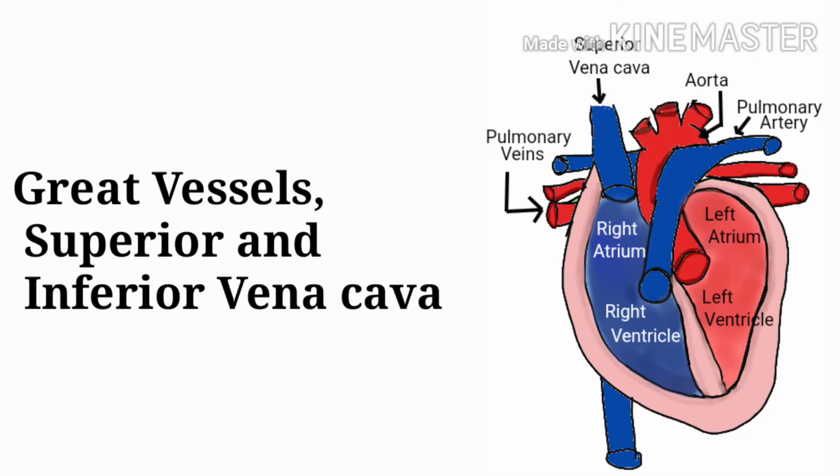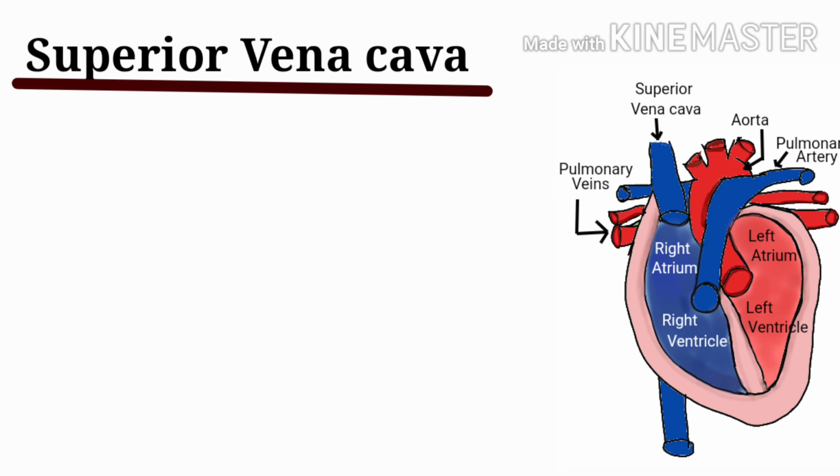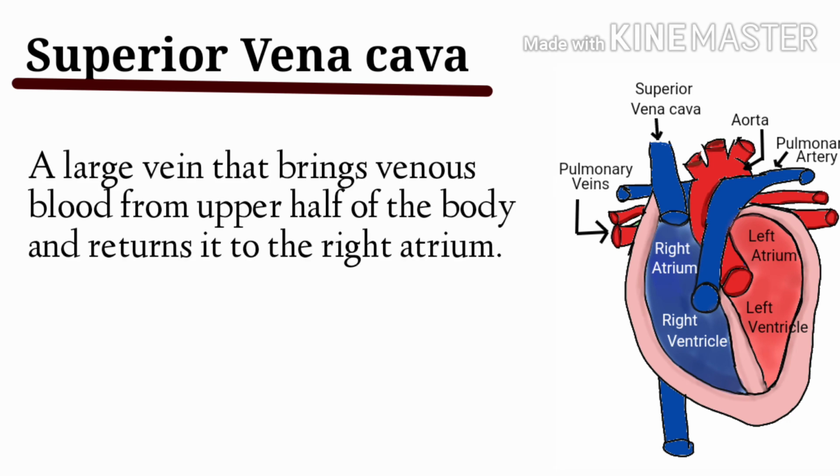Now, talking about the great vessels, let us first discuss the superior and inferior vena cava. The superior vena cava is a large vein which brings venous blood from the upper half of the body and returns it to the right atrium.